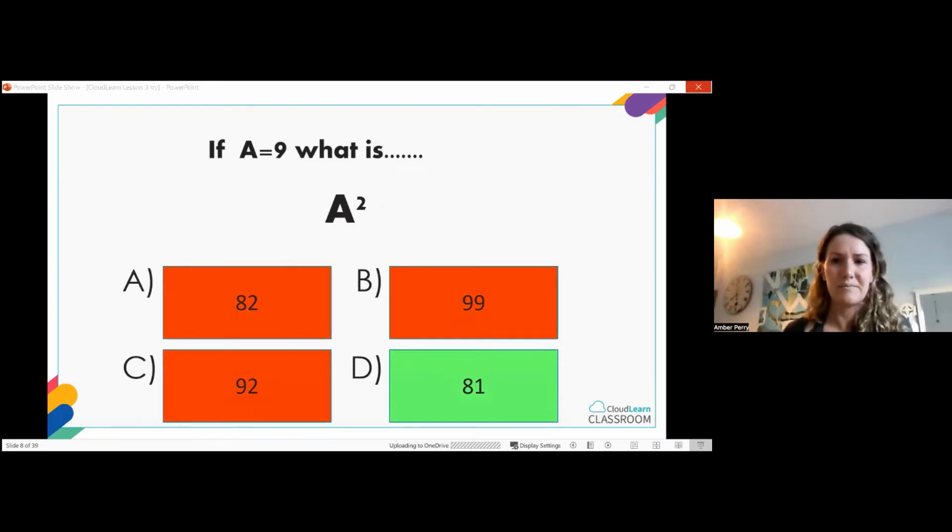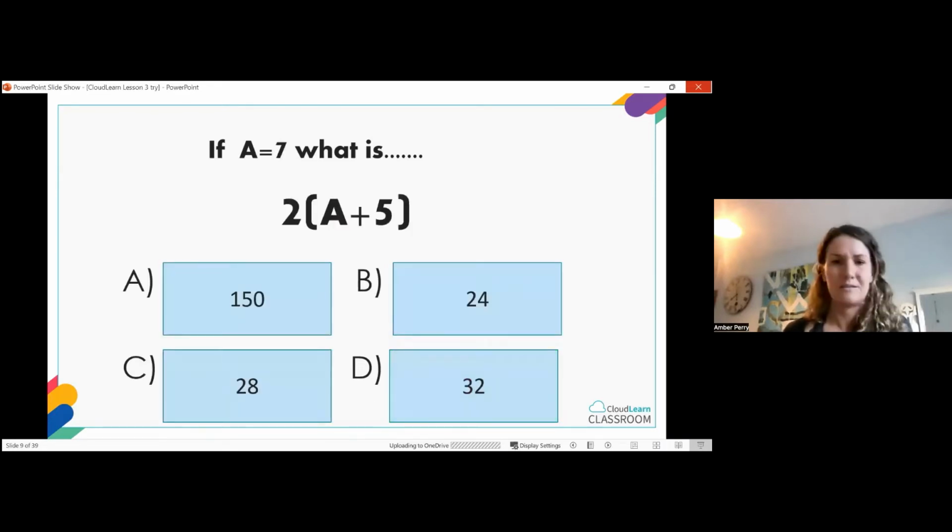Let's have another go. Okay, so think about inside the brackets first. I shall launch that poll. Some people were super quick there on the answering.